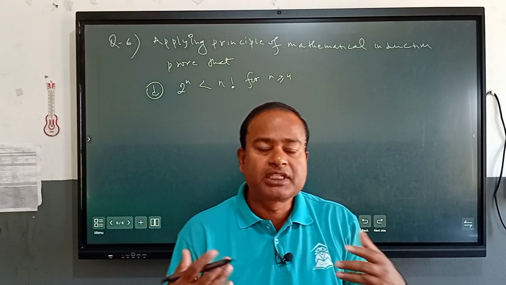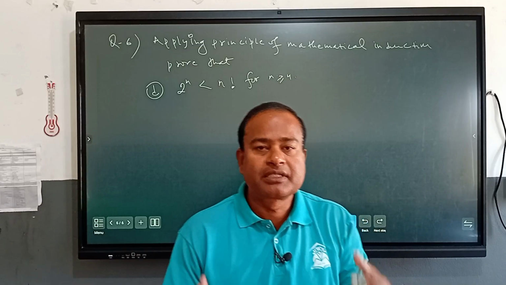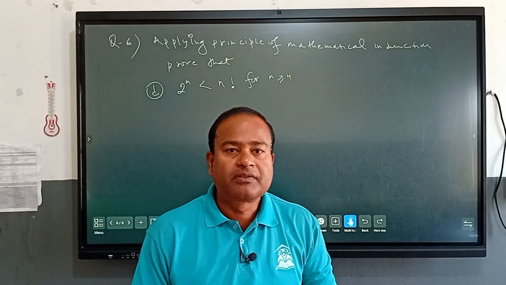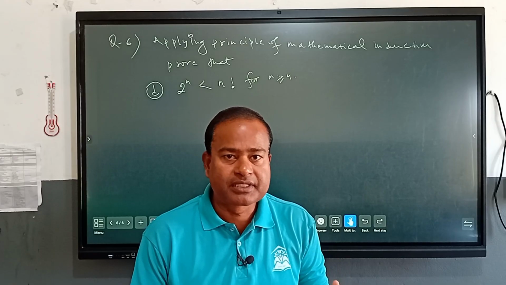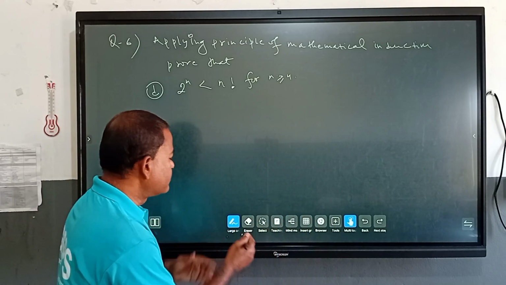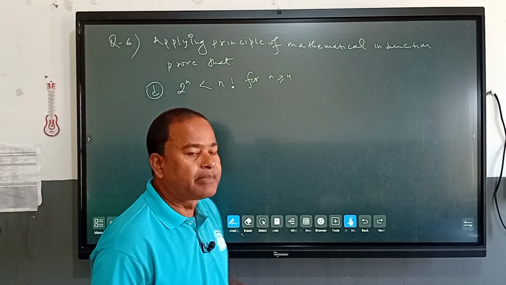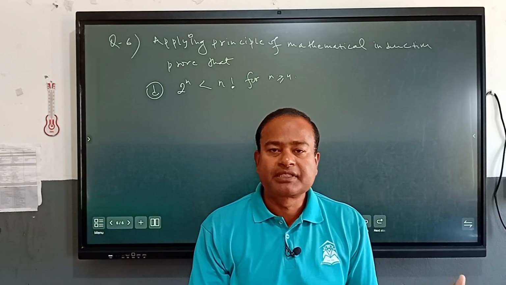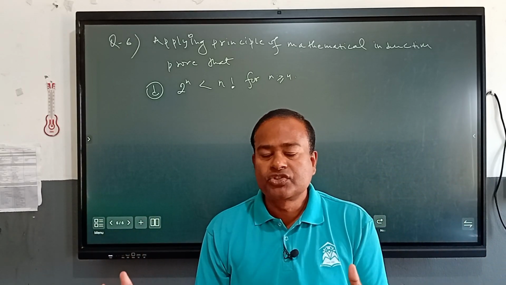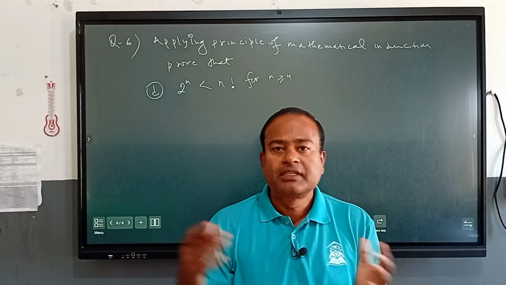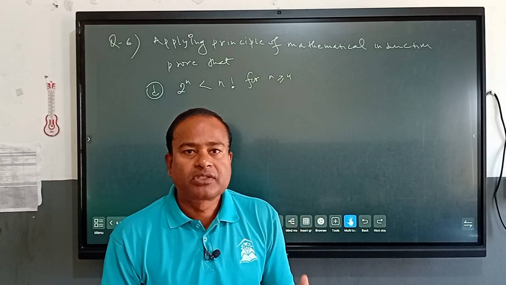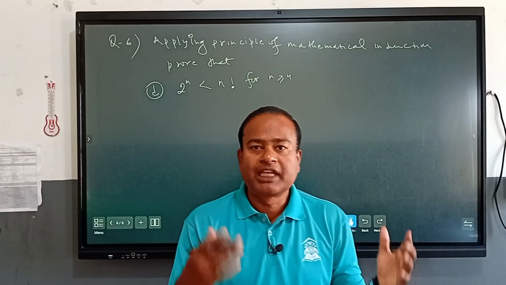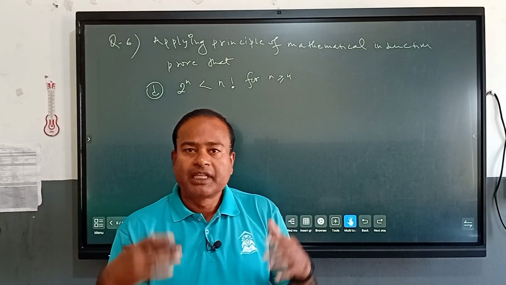Dear students, in this question we are given a statement and we have to prove it by using the principle of mathematical induction. According to the principle of mathematical induction, in order to prove any given statement, whether it is true or not, at first we have to prove that the given statement is true for n equals 1.